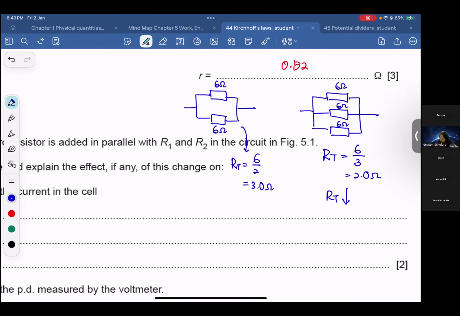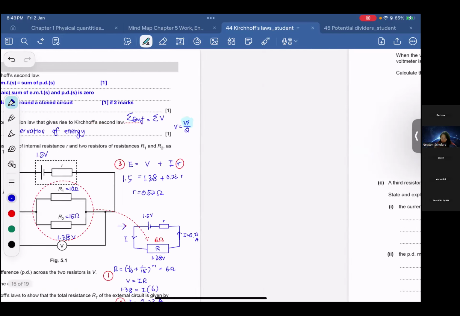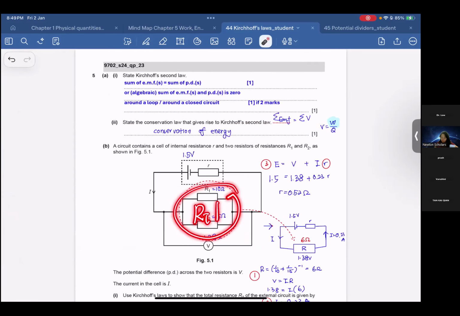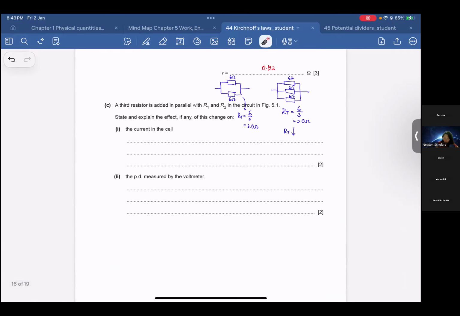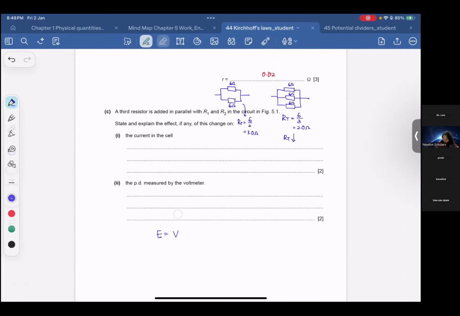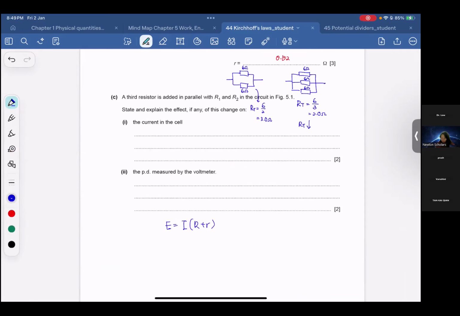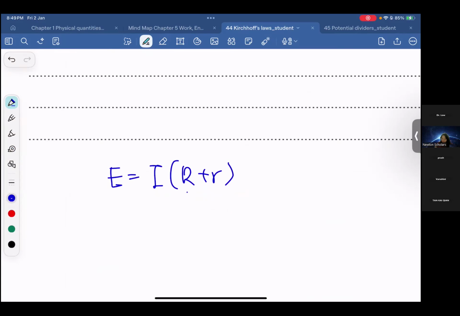Okay, so here, if your total resistance decreases, that means this part's total resistance decreases, that means your current can be higher. Get it? If I want to explain in another way, E equals V, or I times R plus r. Here, if this resistance part decreases, EMF is constant, doesn't change, like Vashini said.